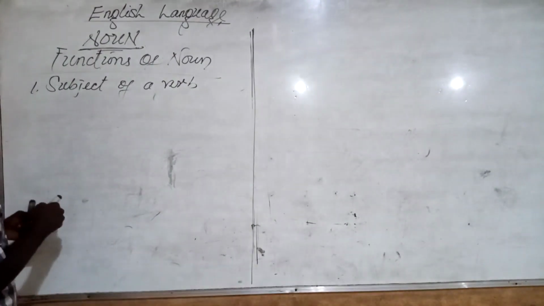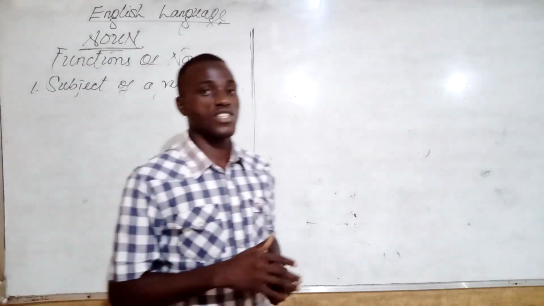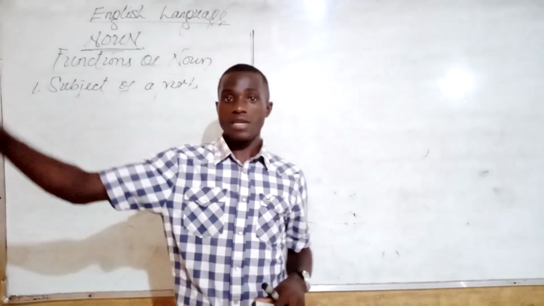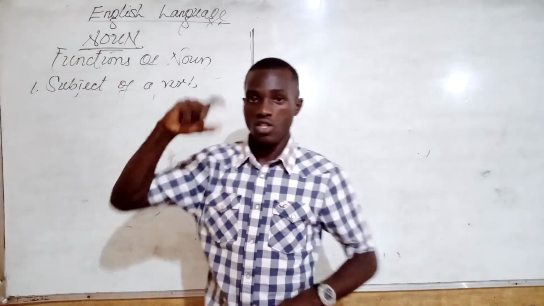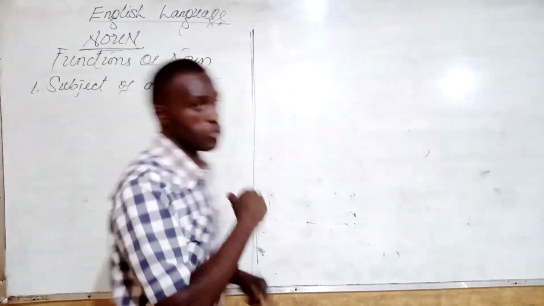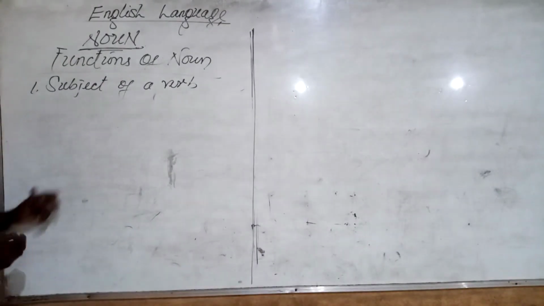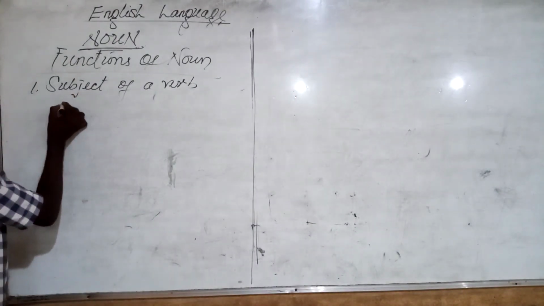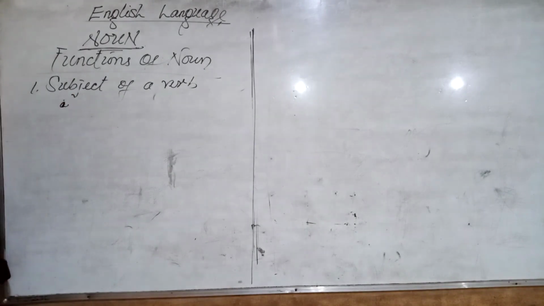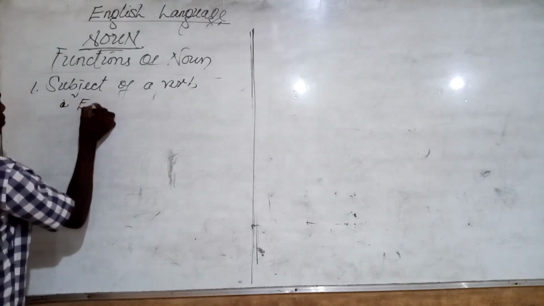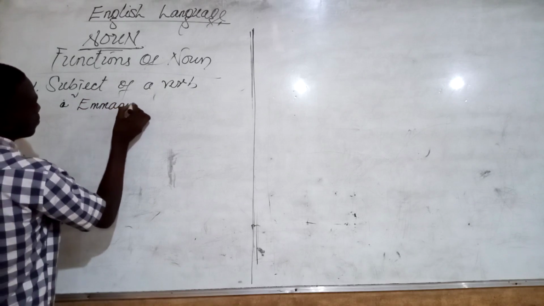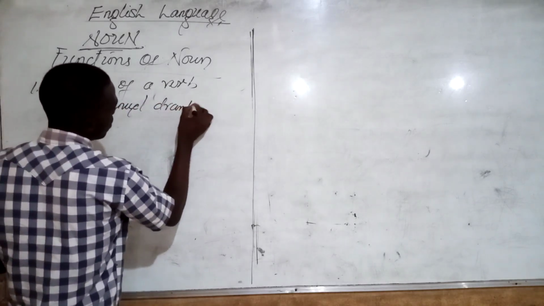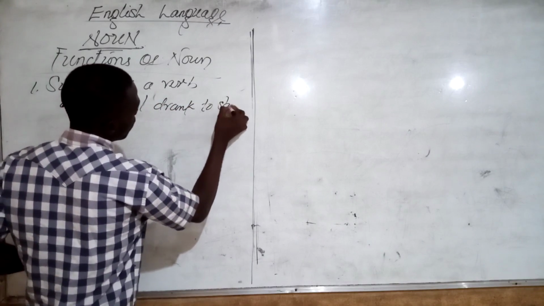Consider the following examples. Remember that it is not going to work only as a name in performing this function. It can also work as a pronoun, as you're going to see shortly. The first example is: Emmanuel drank to stupor.